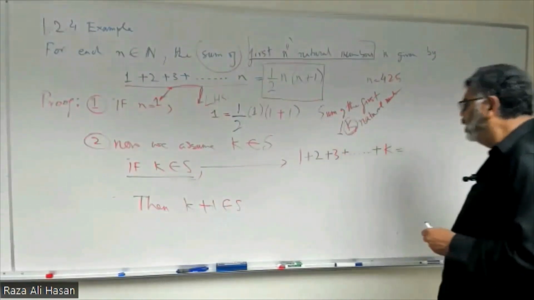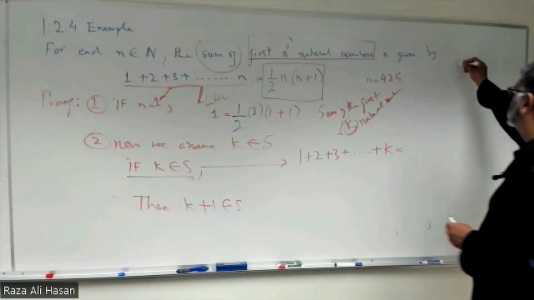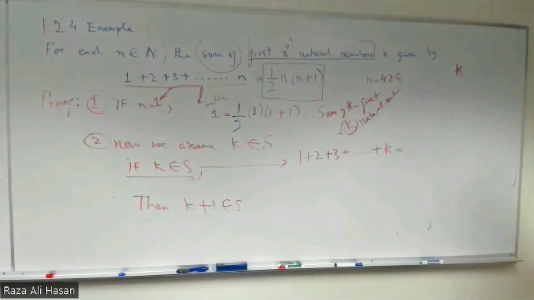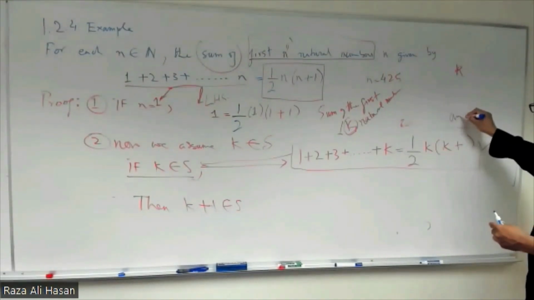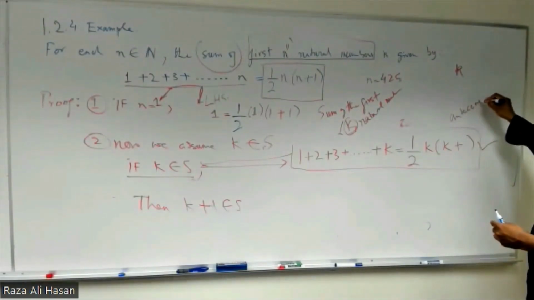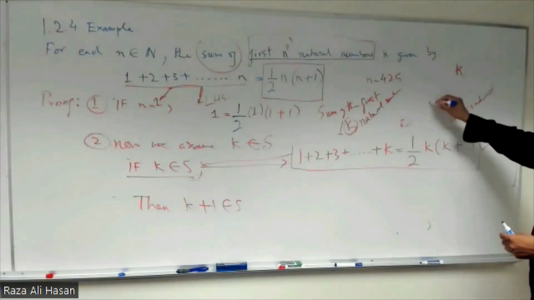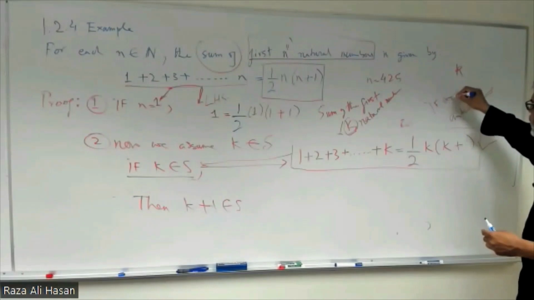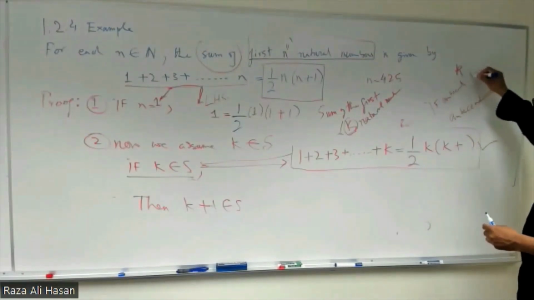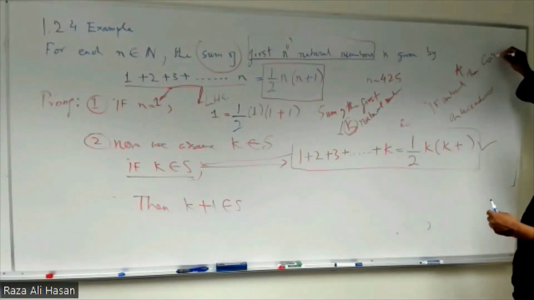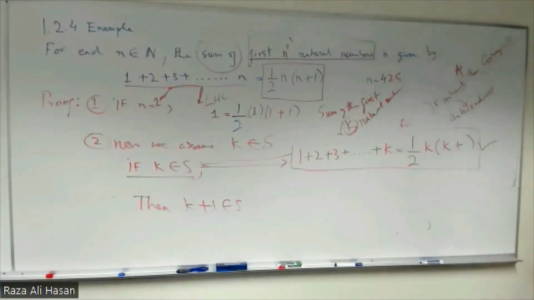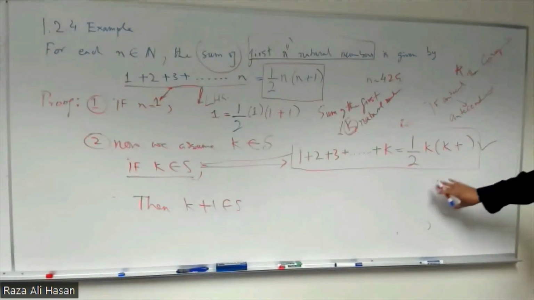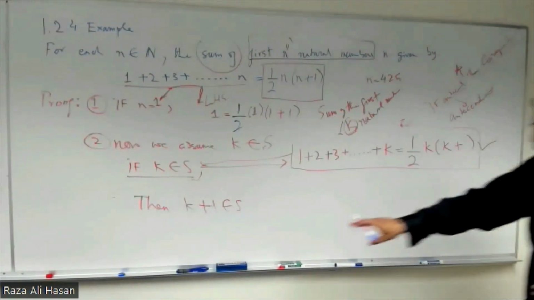Then we got the antecedent part down: if antecedent, then consequent. So we just did that. So this is true. If this is true, then K plus one.